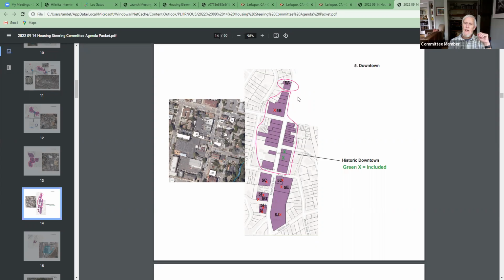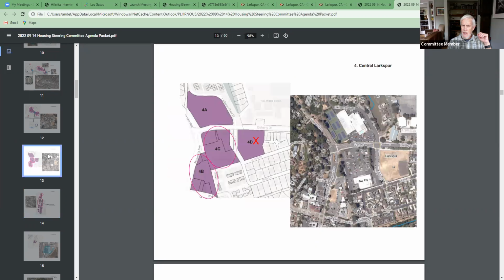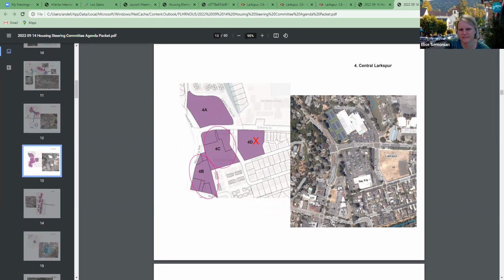Andy, is the Lucky Supermarket parking lot area and the Nazari property on a different page? That's all inclusive in that, right? Yeah. 4C is the Lucky site, and then 4B is the Nazari property.